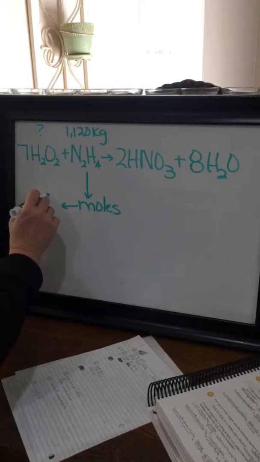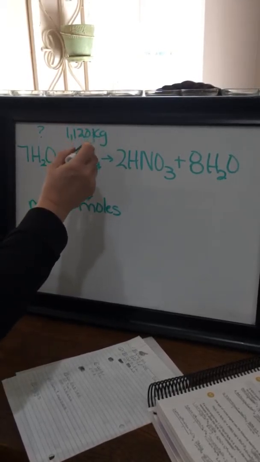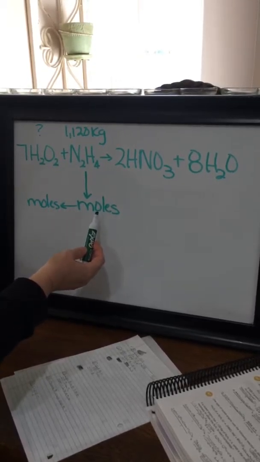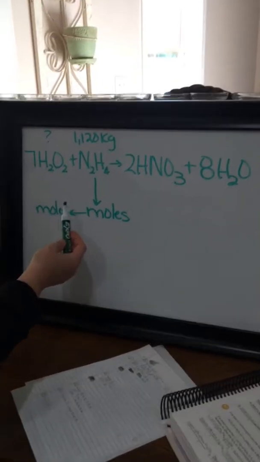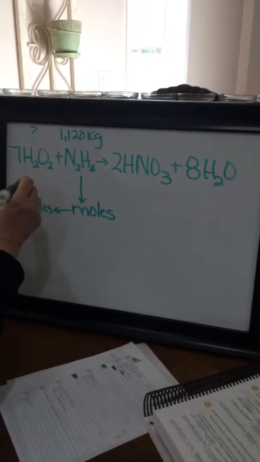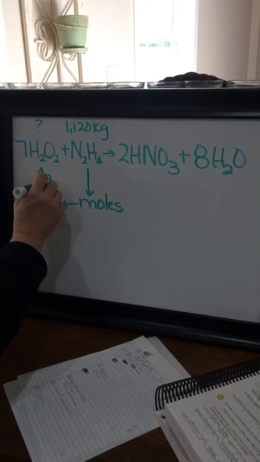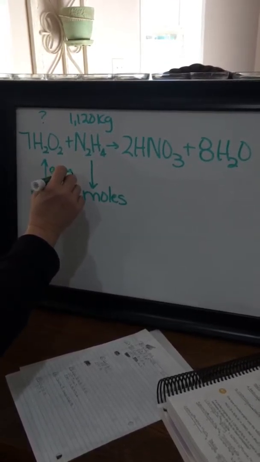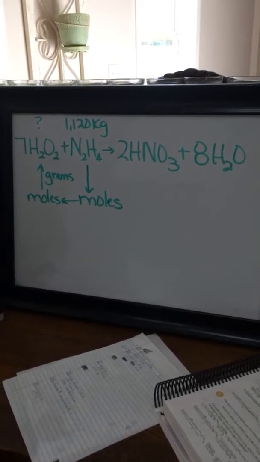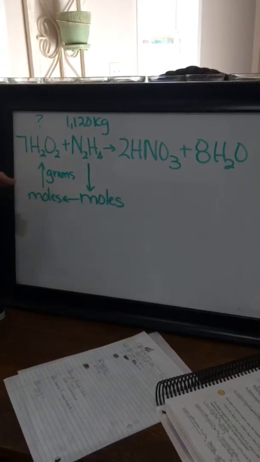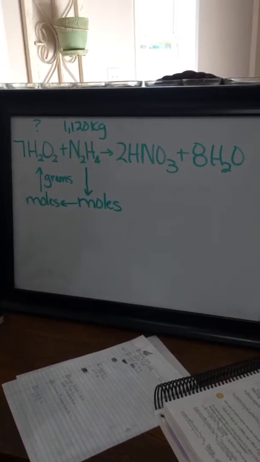So we are going to go from grams to moles, then relate the moles of N2H4 over to H2O2, and then go back up to grams. That's going to be the process in all of these problems. And if you need to, draw this out, it will help you think through it.